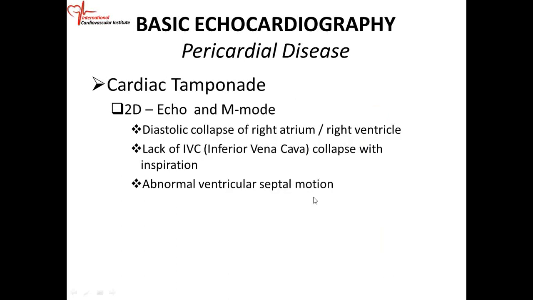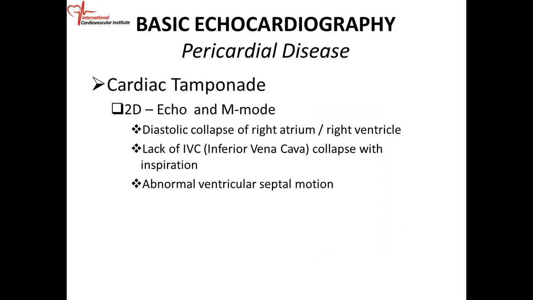All right. So tamponade. The definition for tamponade is diastolic collapse of the right atrium and the right ventricle. When you look at the IVC, it will be dilated, and you're not going to get your collapse of the IVC with inspiration. Remember that you're supposed to get more than 50% collapse of the IVC with inspiration.